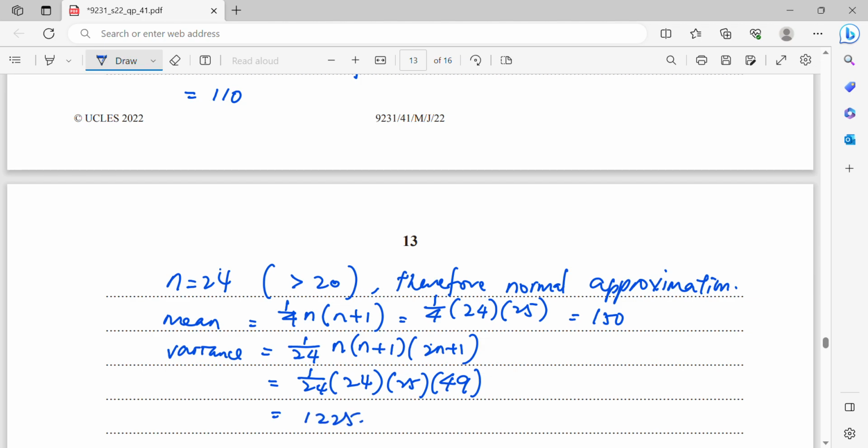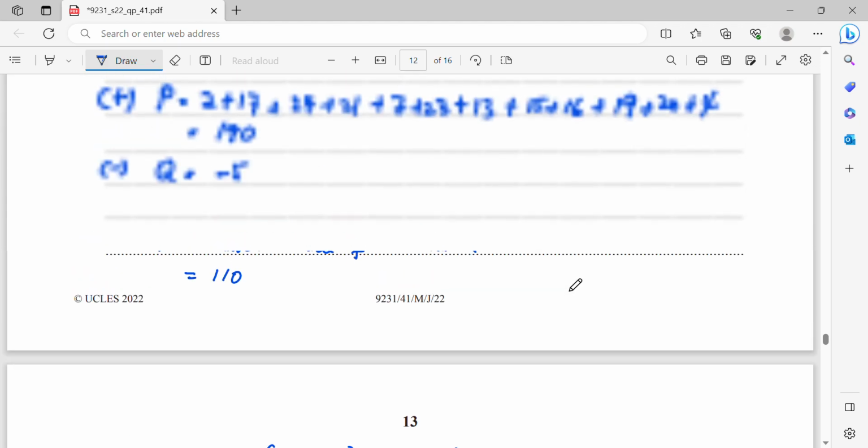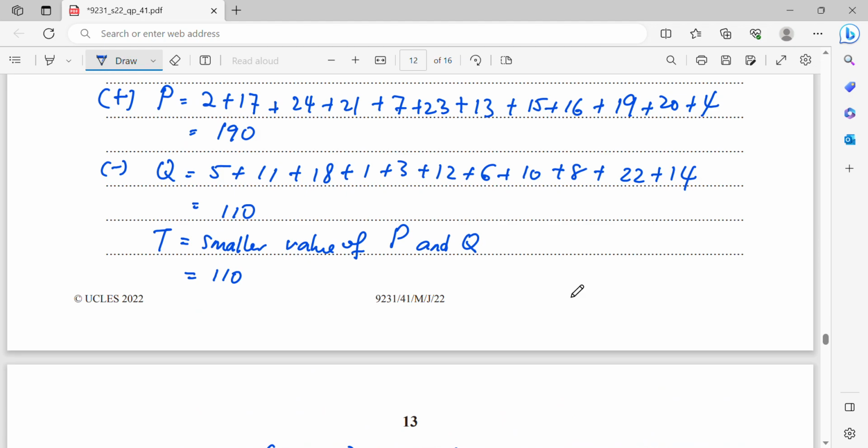Once you have found the mean and variance, I will write the normal distribution. T is normally distributed with mean 150, and the variance is 1225. Now we need to compare T with the mean. Your T is 110.